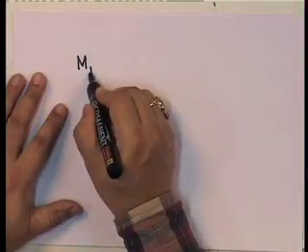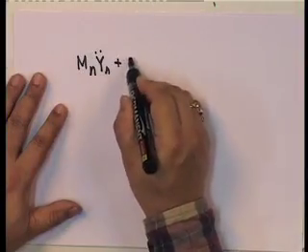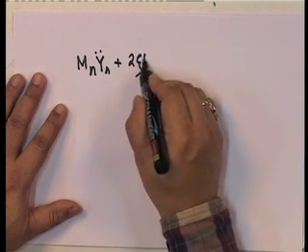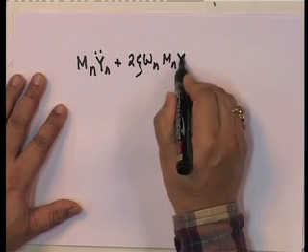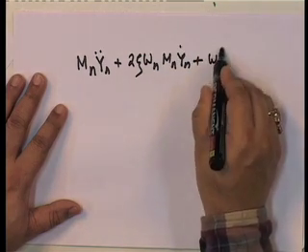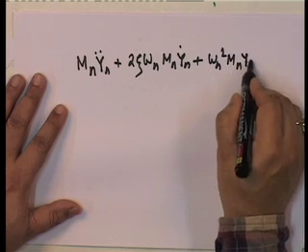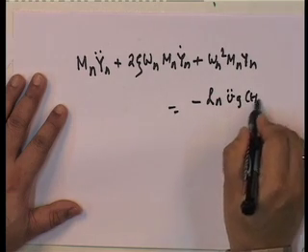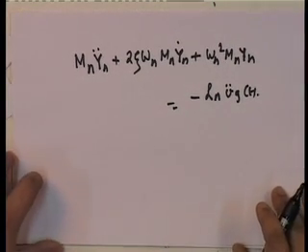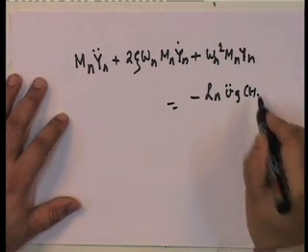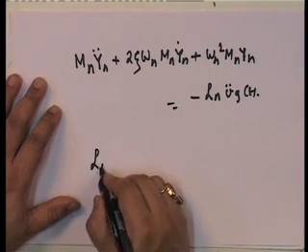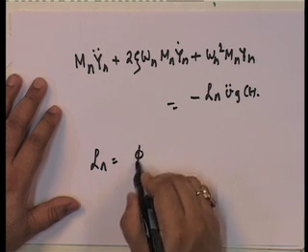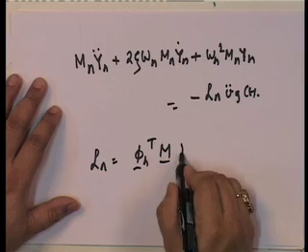So, if you look at it, the equation at the nth level becomes what? m n y n double dot plus 2 xi n omega n m n y n dot plus omega n squared m n y n is equal to minus Ln into V g double dot. This is what we get, where Ln is equal to phi n transpose m into 1.